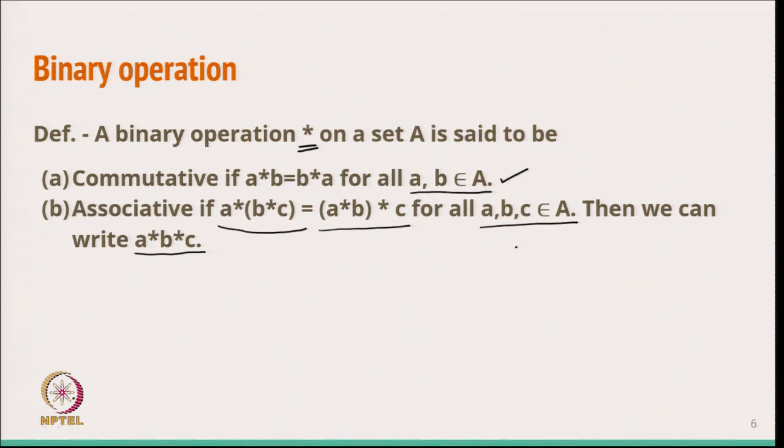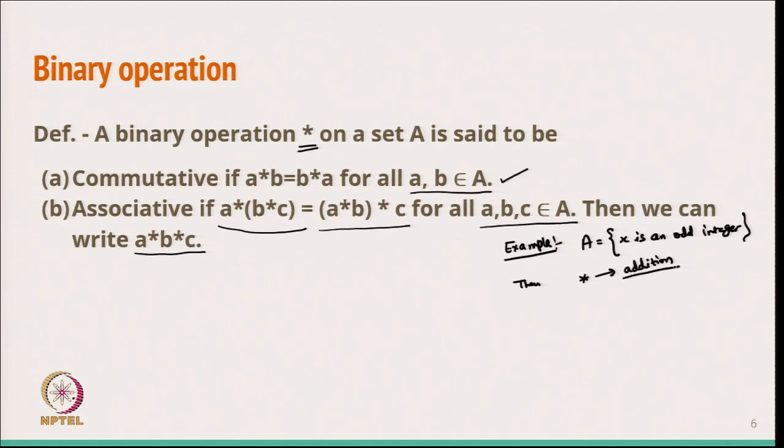I will start with an example. Let A be the set of all odd integers, and I define the binary operation star as addition.